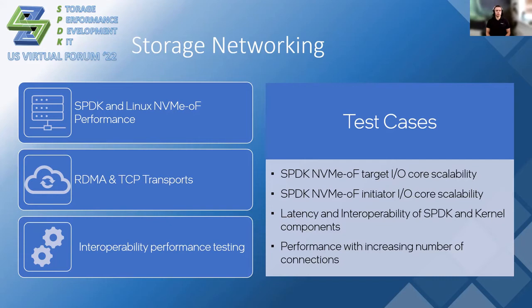And finally, there's the fourth test case, which is checking the performance along with the increasing number of connections. So this time, instead of increasing the QDepth or increasing the number of cores, we scale the number of connections that are coming to NVMe-oF target subsystems.